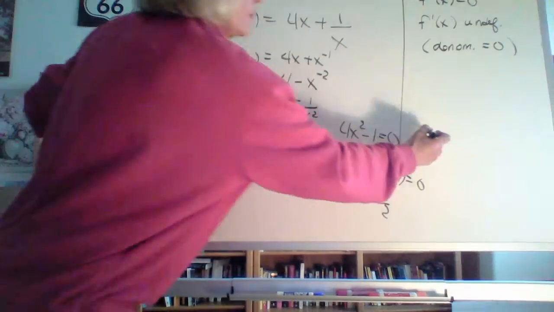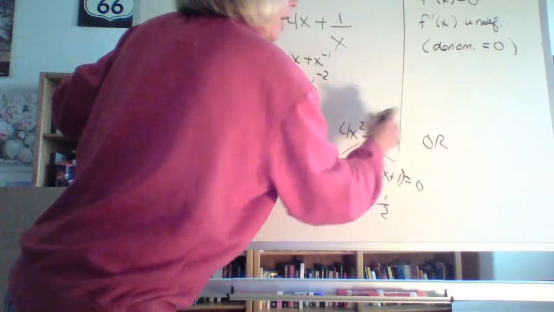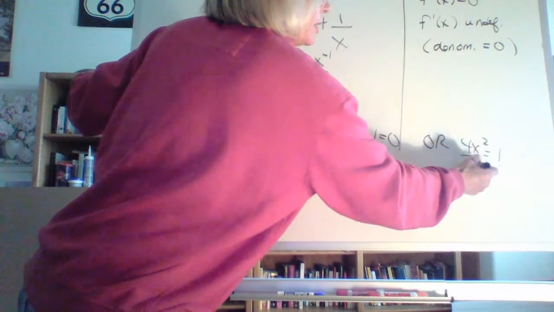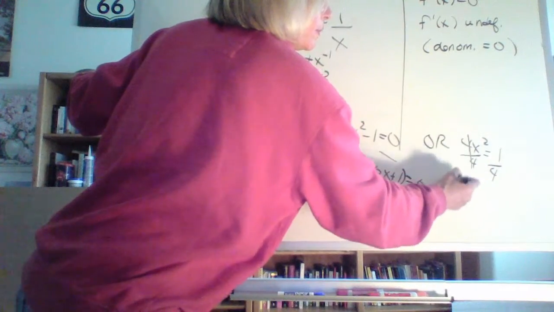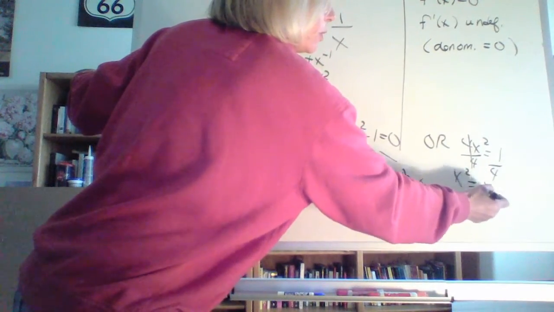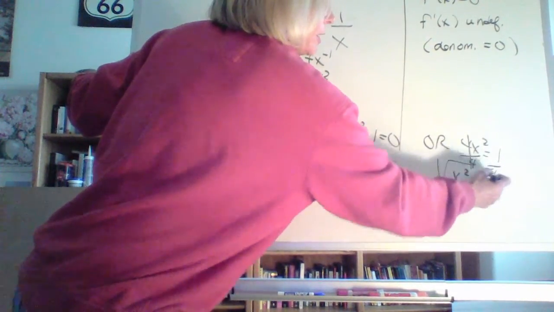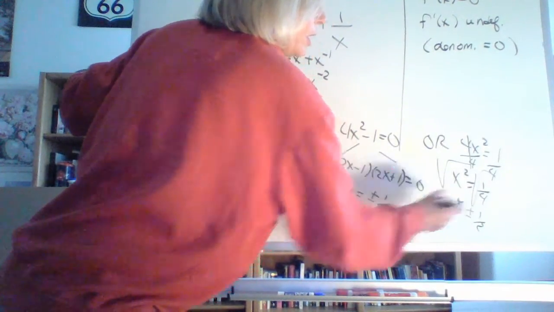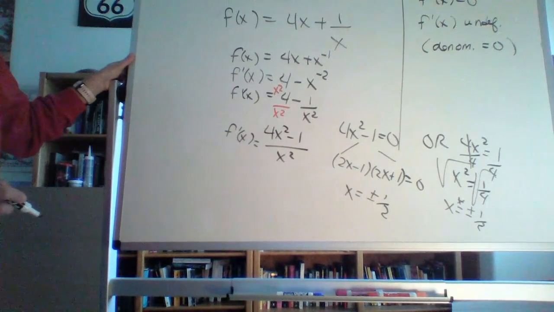Or I can add 1 to each side and get 4x squared equals 1. Divide by 4. X squared is 1/4. When I take the square root, I get plus or minus 1/2. Don't forget the plus or minus.